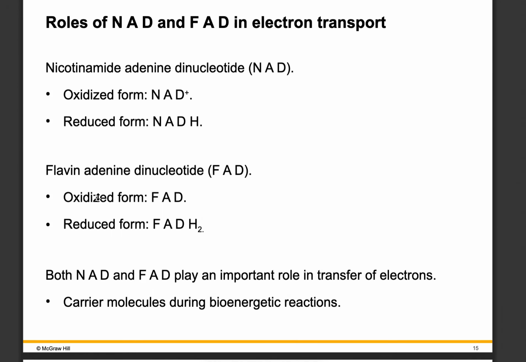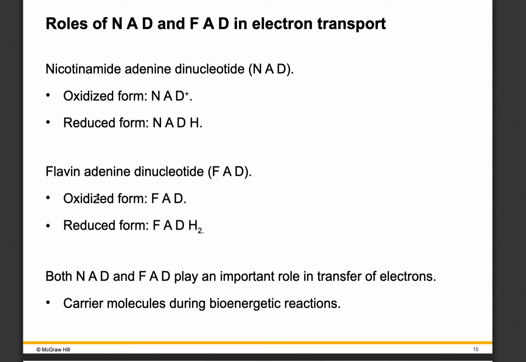Also, just to get familiar with, we're going to be using these terms NAD and FAD. You can see the names there. What you'll see is we'll convert NAD and FAD into NADH and FADH, where they had hydrogens added, which is adding electrons, so reduced them.